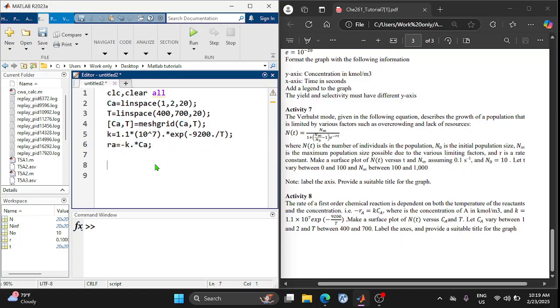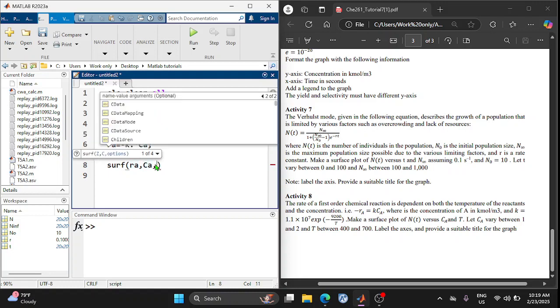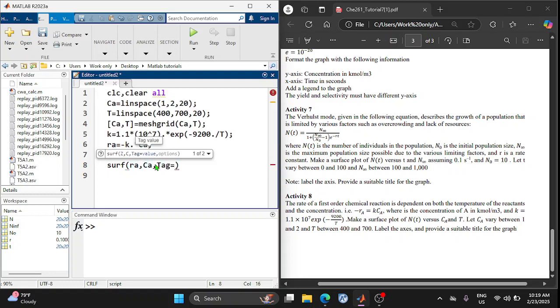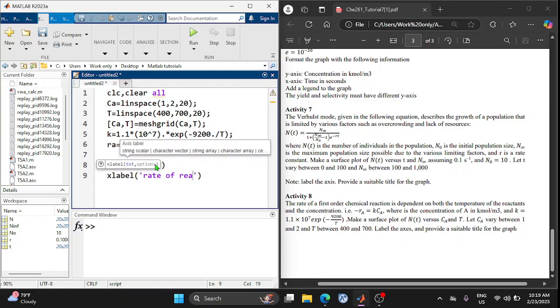Now if I want to plot, I can just type surf if it's a surface plot, and then I'm plotting my Ra, I'm plotting my Ca, and I'm plotting my T. Okay, and then if I want to label my axis, my X label will be for the first term. This is going to be the rate of reaction.